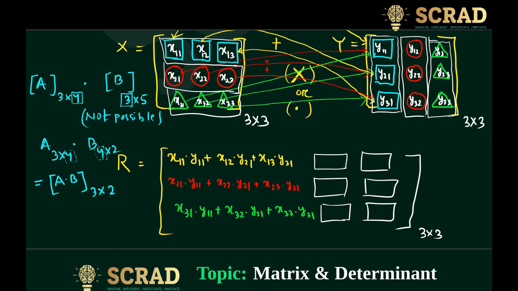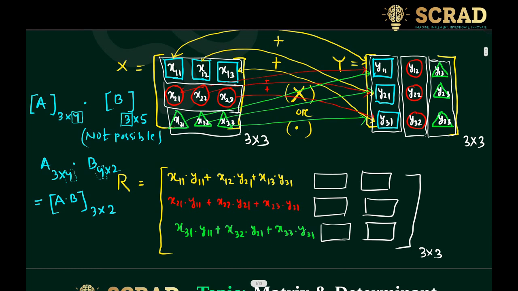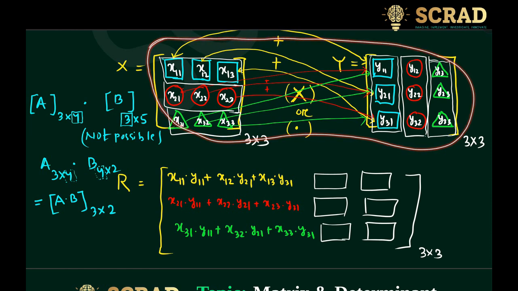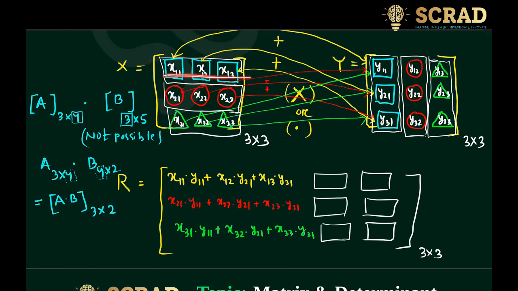Why 3 cross 2? You might have observed from this example that the number of rows in the first matrix gives the number of rows in the resultant matrix, and the number of columns in the second matrix gives the number of columns in the resultant matrix.